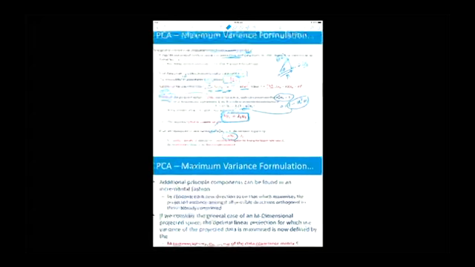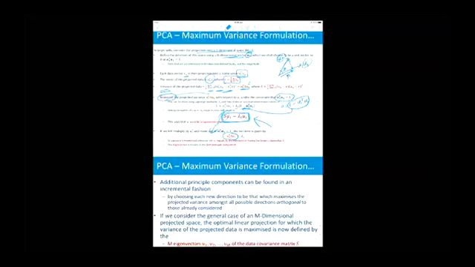So by this, we have found the first principal component. Then we try to find the other ones in an iterative fashion, with a similar principle. We find another line which is perpendicular to this one, take it as u2, put a condition that it has to be perpendicular, and then follow the same principle.